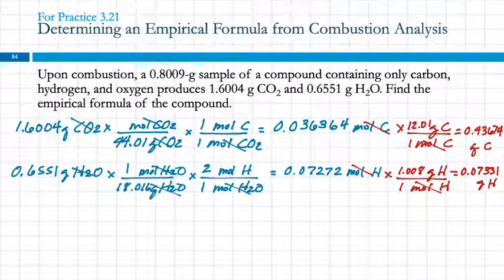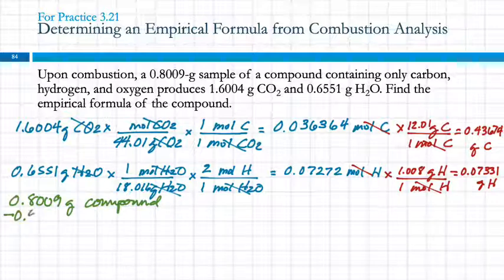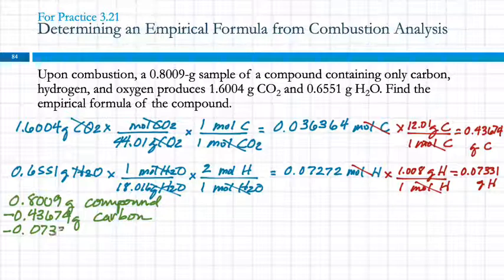So I'm going to take the mass of the compound, 0.8009 grams compound, and I'm going to subtract the 0.43674 grams of carbon, and I'm going to subtract 0.07331 grams of hydrogen. Use your calculator, don't do that the long way.